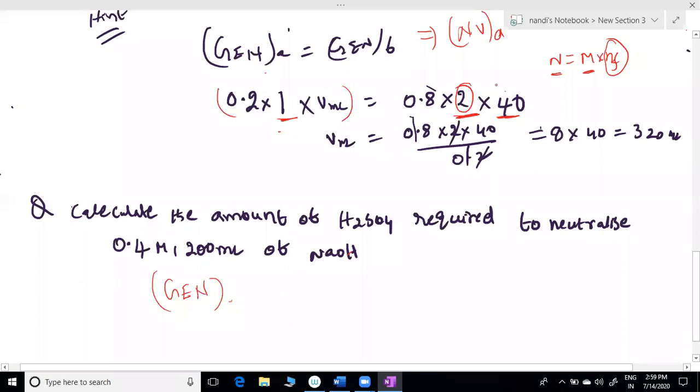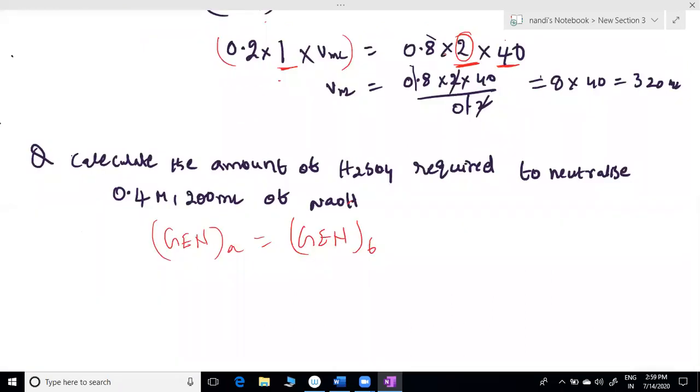This is very simple. Even I am not giving very big formulas. In your mathematics, so many formulas are there, but here no need. They're asking the amount of acid, which means weight. What is the gram equivalent number in terms of weight?